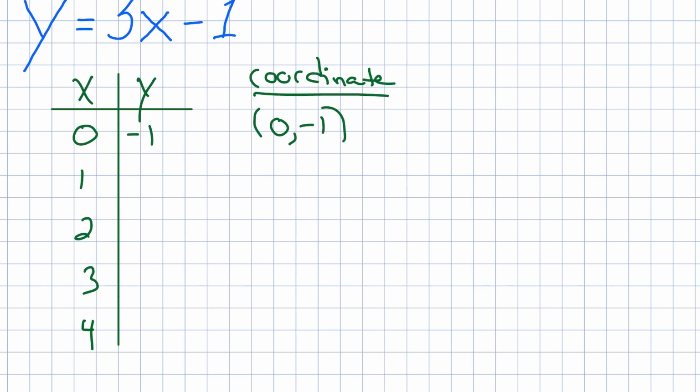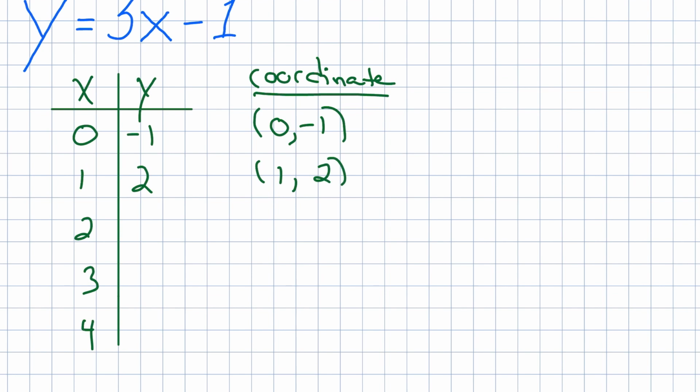All right, let's move down to 1. When I plug 1 into this equation for x, 3 times 1 is 3, minus 1 is 2, so 1 as my input gives me 2 as my output, so the coordinate 1, 2 is on this line as well.